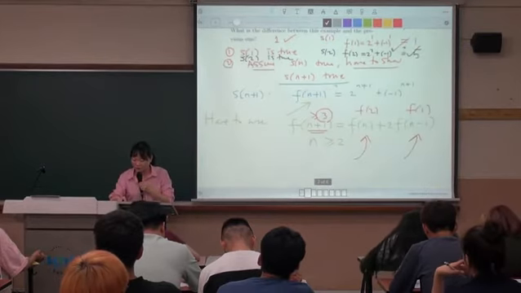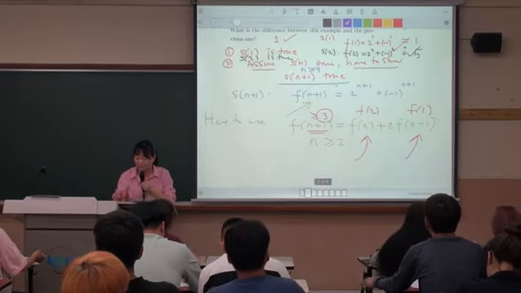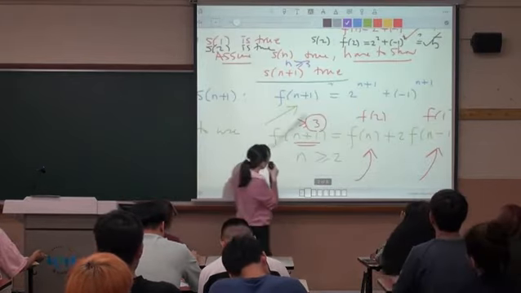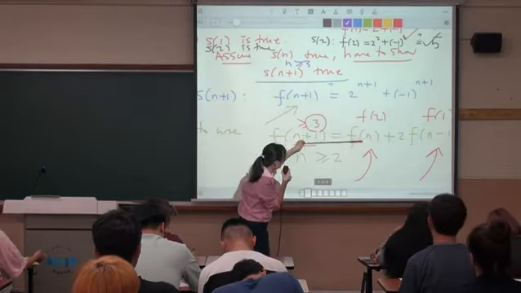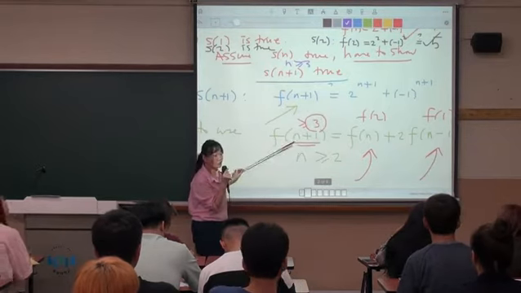So assume Sn is true for n bigger than or equal to 3, and we will show that S of n plus 1 is true. We need this condition because this relationship only applies when this number is bigger than or equal to 3.